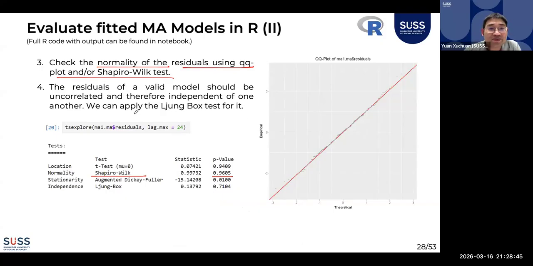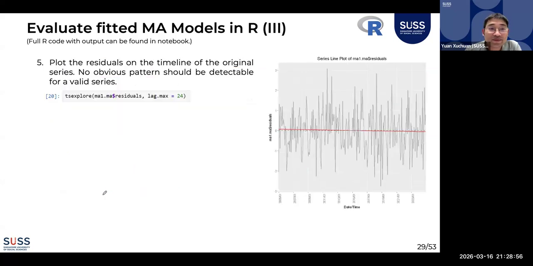Then we look at the independence of the residuals, basically similar to ACF and PACF, using the Ljung-Box test. You will not reject this, okay? And then you look at the line plot of your residuals. Because you are performing a residual analysis, there should be no obvious pattern in the residuals, and the variance seems constant, homogeneous.